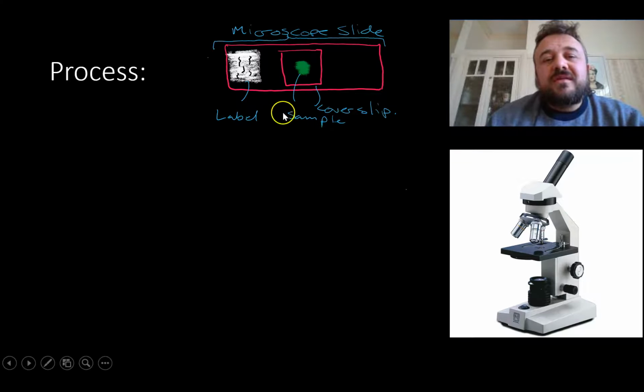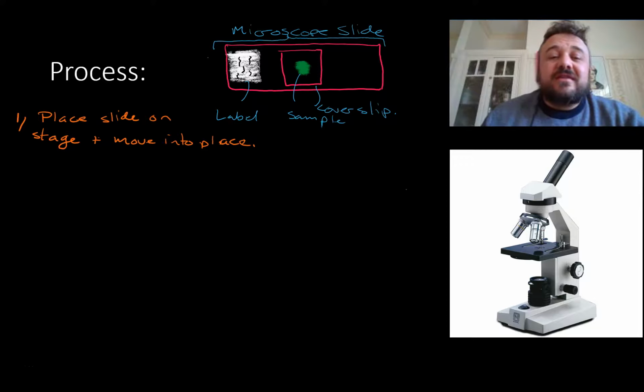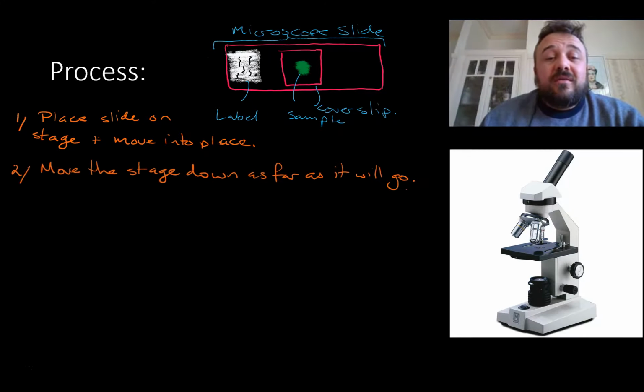So this, just for starters, is what a microscope slide looks like. It's a glass slide. You've usually got a label over here, you have a sample underneath, and on top of the sample you have a cover slip, which is a square piece of glass that we sit over top. The very first thing we do is we place the slide on the stage and move it into place. Then we move the stage down using the coarse focus knob as far as it will go.